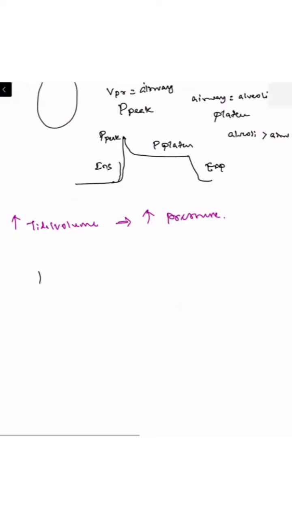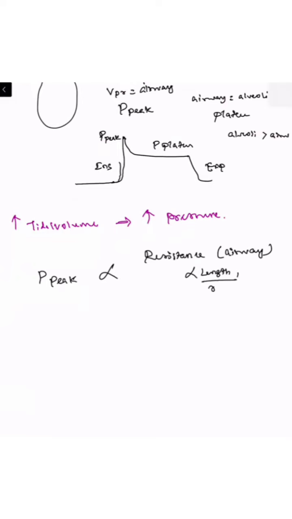Whenever you discuss the P peak, it is directly proportional to the resistance which is provided by the airway. Because we have already discussed that the pressure is directly proportional to the resistance, and the resistance is directly proportional to the length of the airway and inversely proportional to the radius of the airway.